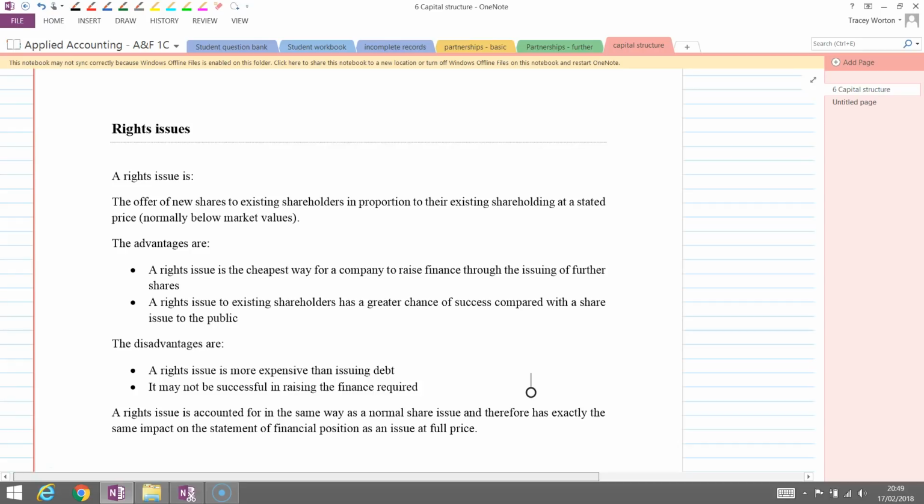The disadvantages are that a rights issue is generally more expensive than issuing debt, and it might not be successful in raising the finance required, as not all of the shareholders might take up the rights and purchase these additional shares. So a rights issue is accounted for in exactly the same way as a normal share issue, and therefore has exactly the same impact on the financial statements as an issue at full price.